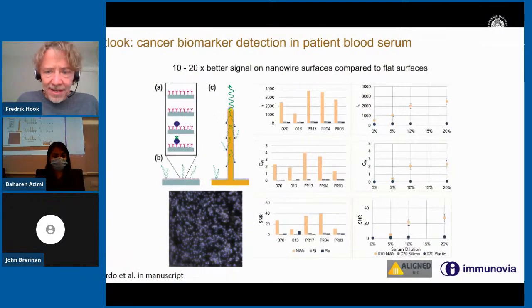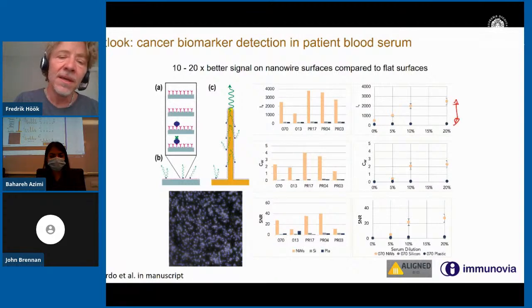And just a teaser, the last minute, is that early work using these wires for detection of biomarkers in patient blood serum indicates a 20 times increase in signal to noise and also detection limit.